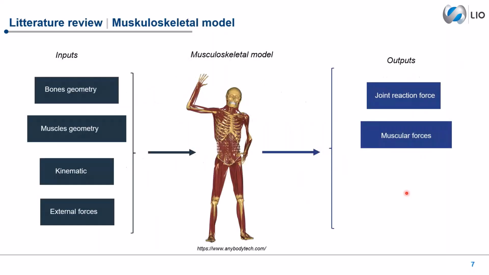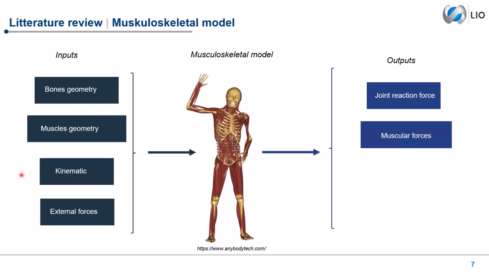So in order to do that, I've been using the AnyBody musculoskeletal models that Dave just presented. So as input, we have the bone geometry, so the length, the mass, the inertia parameters, the muscle geometry, so all the parameters for the Hill-type muscles, such as the length of the fiber, cross-section area, physiological cross-section area, max isometric forces, etc. We have the kinematics, so the motion we want to study.